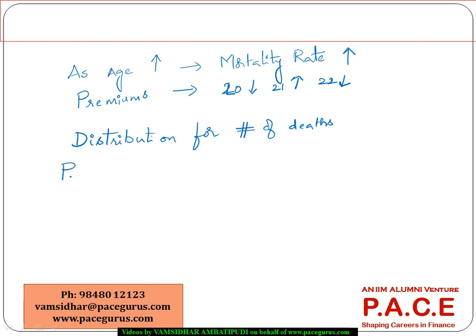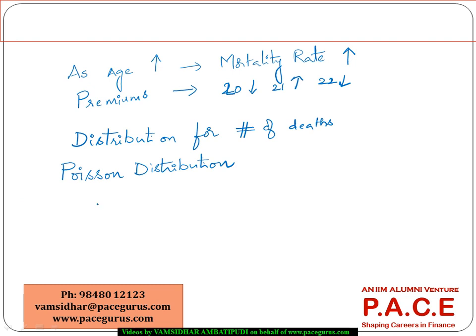So one way is I can assume that the number of deaths follows a Poisson distribution. I'm trying to create a distribution now to smoothen out. Apart from the crude rates that I'm following, based on the crude rates, I'm trying to find a distribution for the number of deaths.